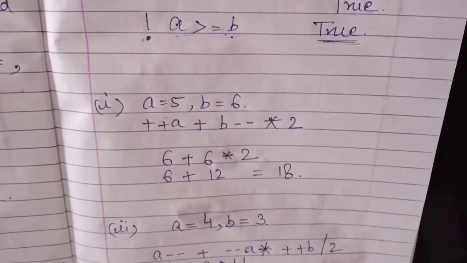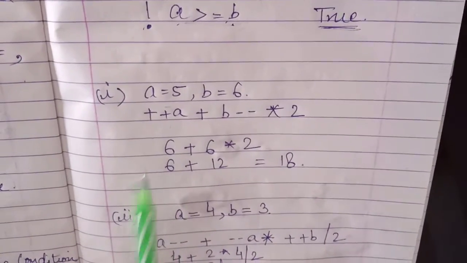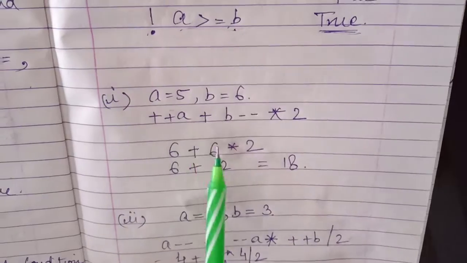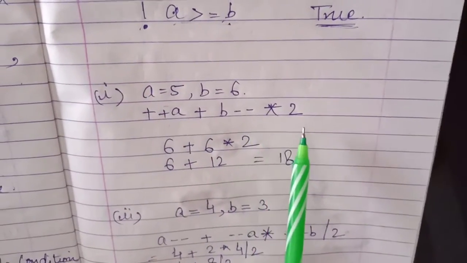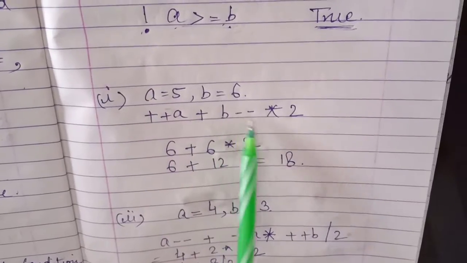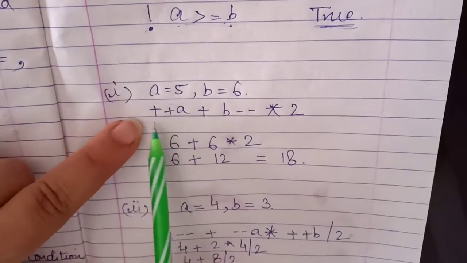Now you can see some examples of unary and binary operators. Here A is equal to 5 and B is equal to 6. Now ++A + B-- * 2. ++A, here it is 6. B--, here it is 6. What is ++A doing?